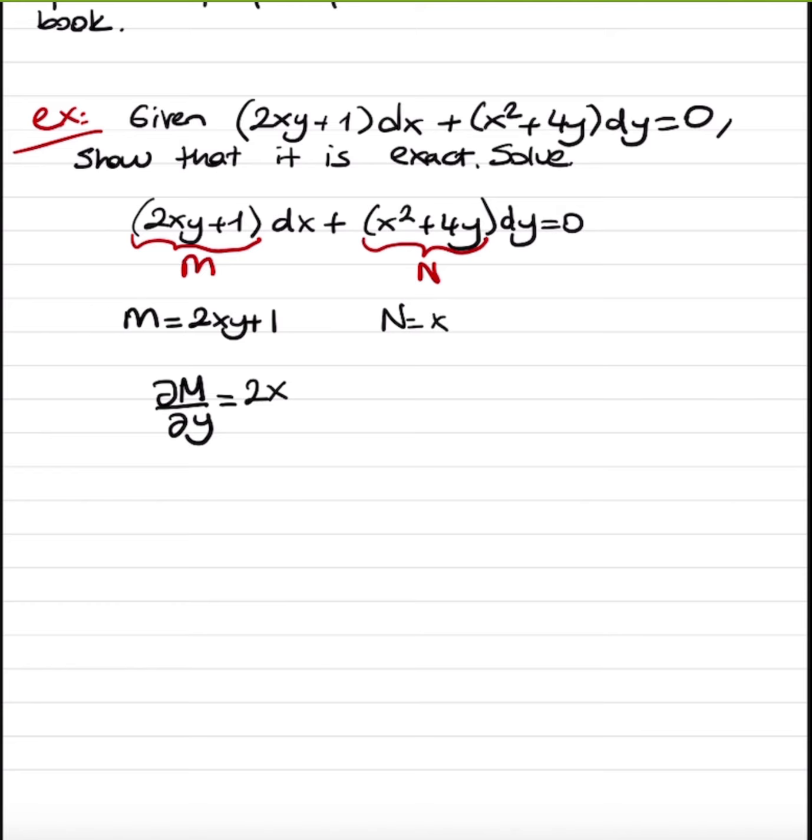What about N? N is x squared plus 4y, and we will take the derivative of N. Since it is the coefficient of dy, we take it with respect to x. So the derivative of N with respect to x is 2x. We think of y as a constant, and the derivative of 4y with respect to x is 0, right?